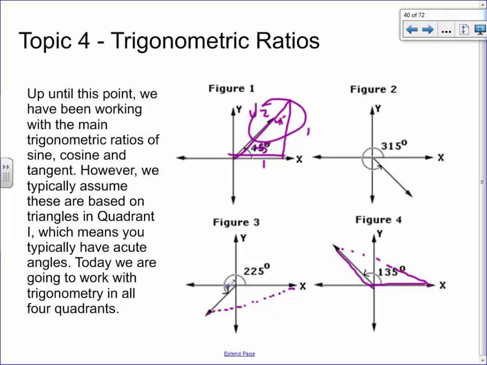Where this angle on the outside is 225, or even all the way around, almost to the point where you've done a full 360, and you've made yourself a triangle in there. So part 1 of my lesson here is to talk about what that would look like if we placed them in different quadrants. Does that make sense?